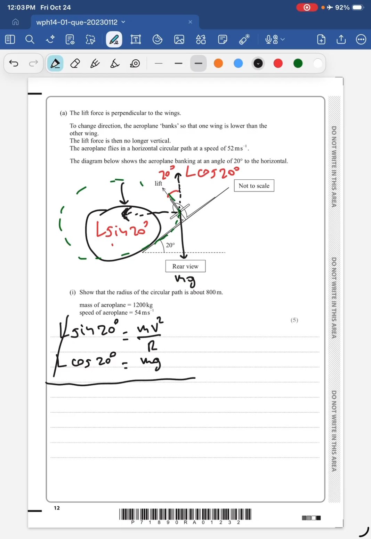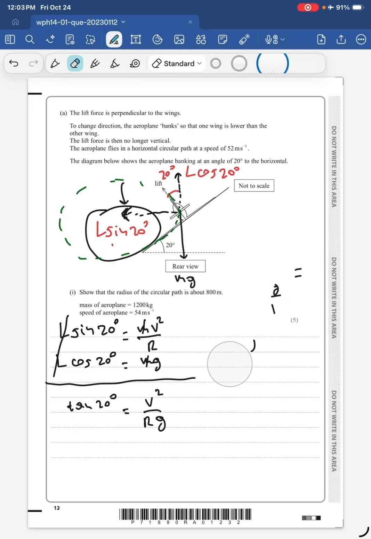Sine over cos gives you a tangent, from basic trigonometry. The mass gets cancelled, so we get v squared over rg. This is what I did: mv squared over r divided by mg gets this cancelled, so you have v squared over rg. I hope this is clear.